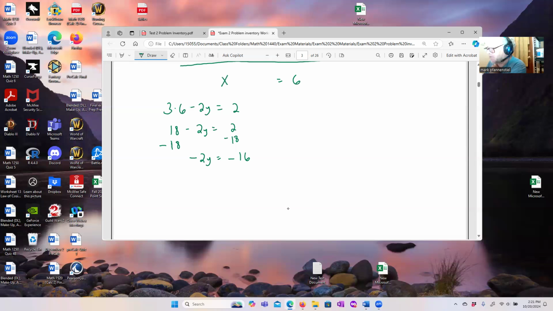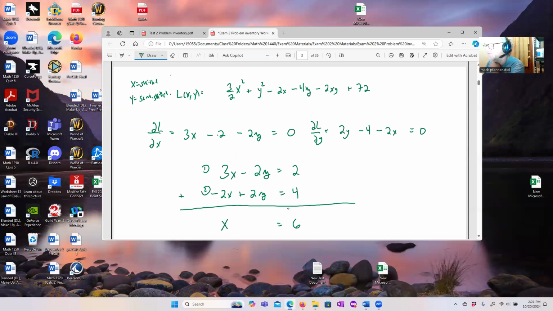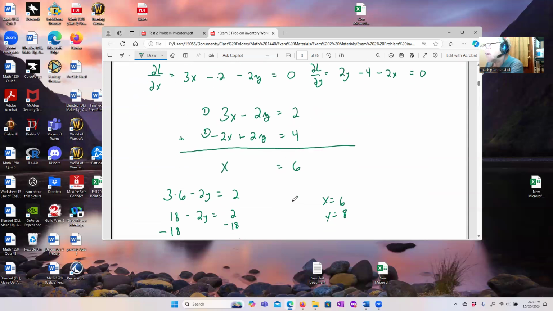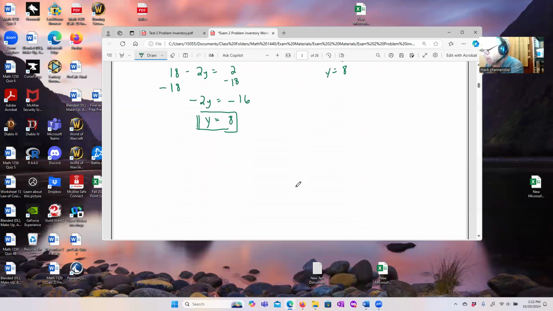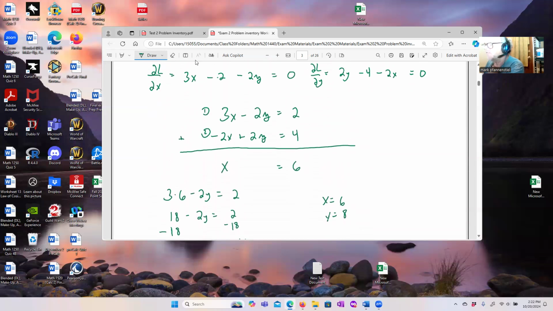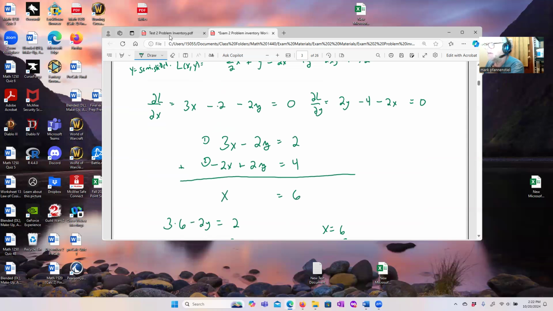Dividing both sides by negative 2, we get y is equal to 8. So right now we have x is equal to 6, y is equal to 8 as a solution. So we have 6 hours of skilled labor, 8 hours of semi-skilled labor. Now we have to say something about what the actual problem was. It was something about finding a minimum, wasn't it?